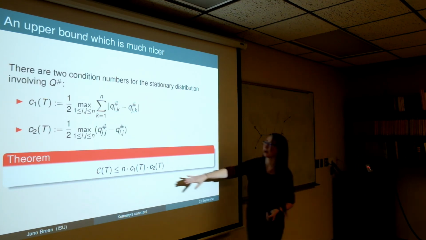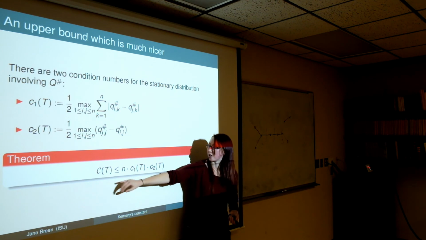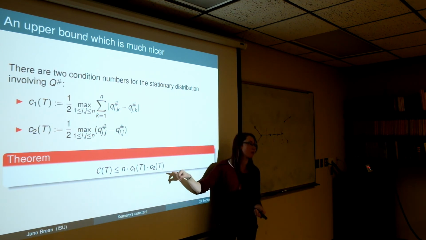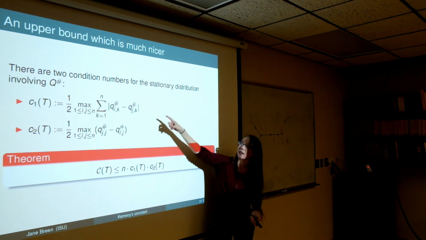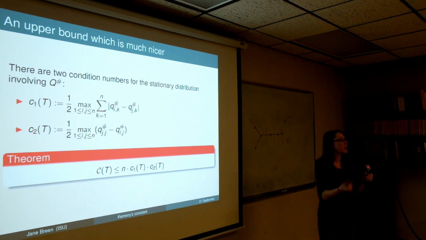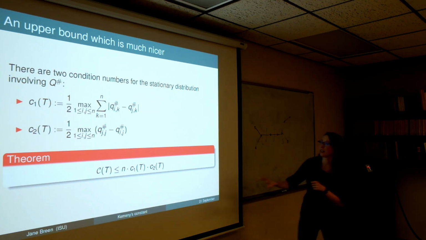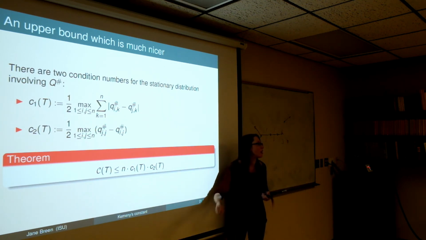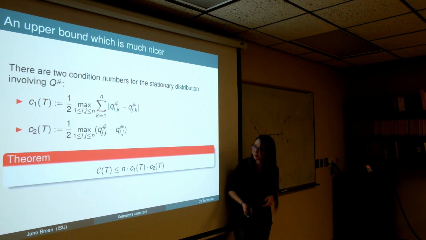So we were able to get an upper bound for our structured condition number in terms of these two known condition numbers for the stationary vector. So there are these two other guys that if they're large, then the stationary vector is poorly conditioned. And so having this connection means that if my stationary vector is poorly conditioned, there's the potential for Kemeny's constant to be poorly conditioned.